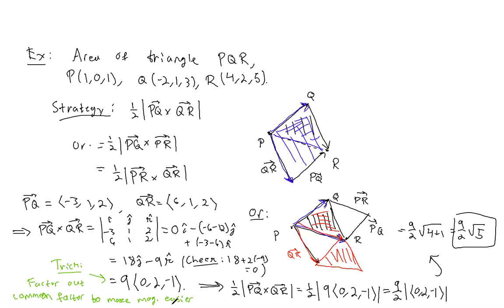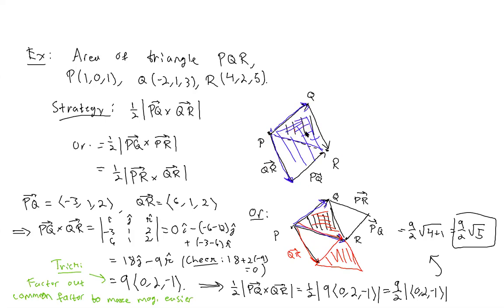Does it matter which vectors you cross? Like if you use PR rather than QR, would the answer be the same? Yes, it would be the same. That was my point with these figures. If you chose to do PQ and QR or PQ and PR, this blue thing over here is what you get when you do PQ, right? Here's PQ, and here's QR. And those vectors give you the same triangle, right?